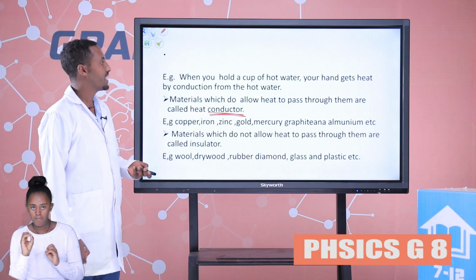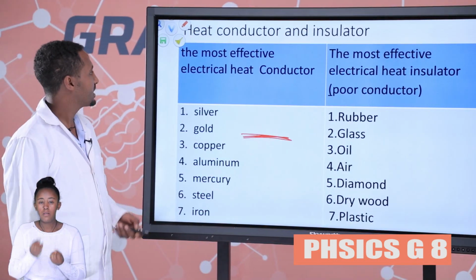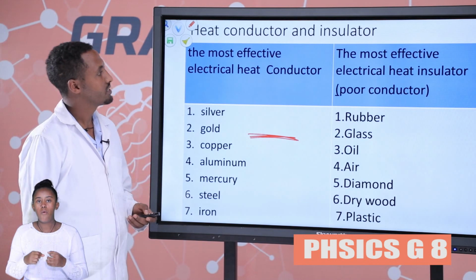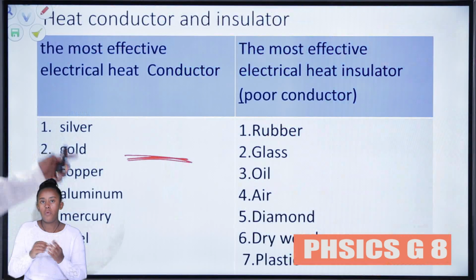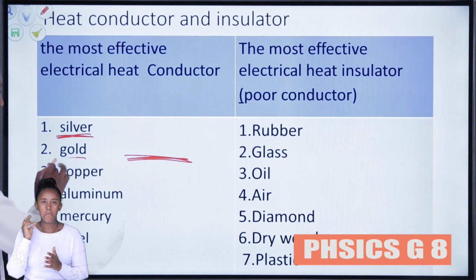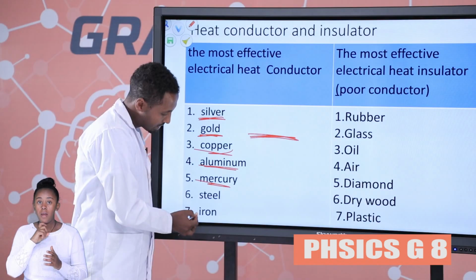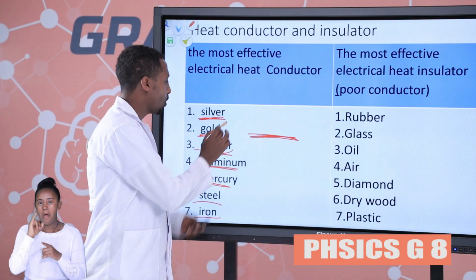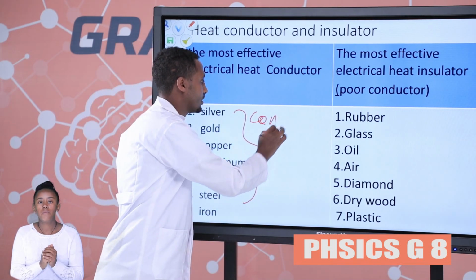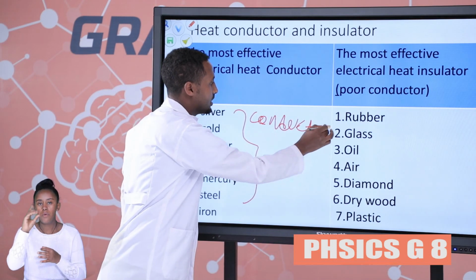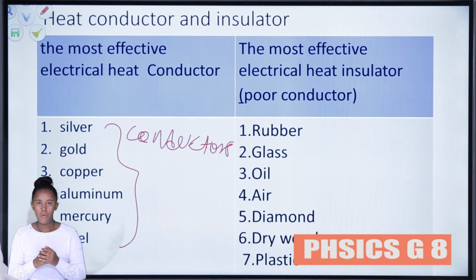Now we see the most effective heat conductors and the most effective heat insulators, or poor conductors. Silver, gold, copper, aluminum, mercury, steel, and iron are all conductors. They transmit heat energy from one body to another.